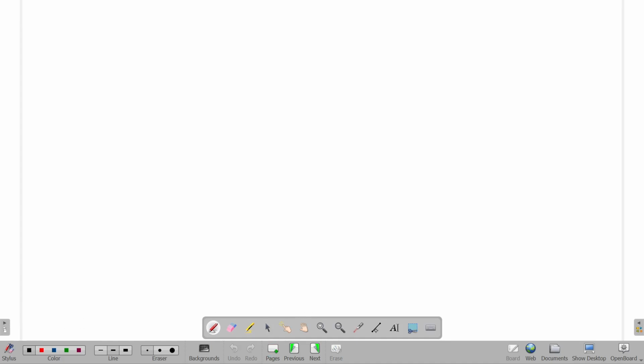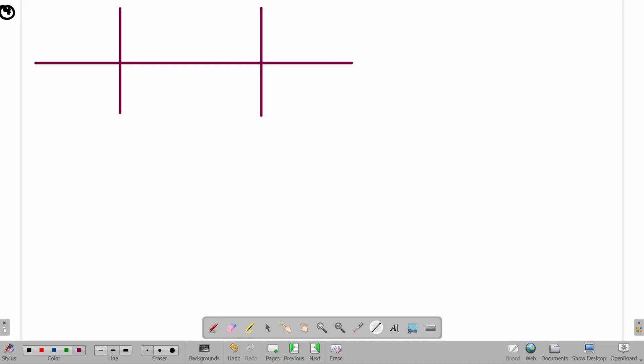It is saying that I have three very long wires. These wires are very long. In this one the current is going upwards. In this one the current is going downwards. And in this one there is no current.